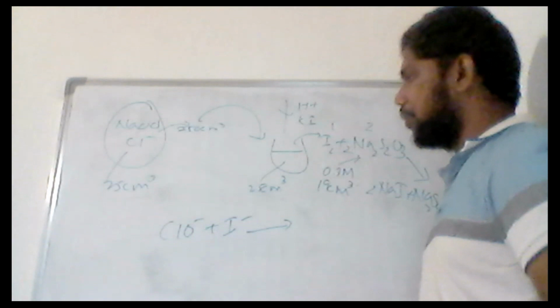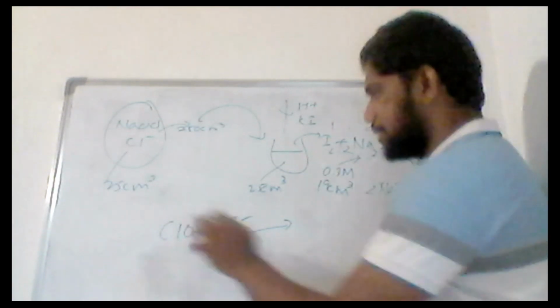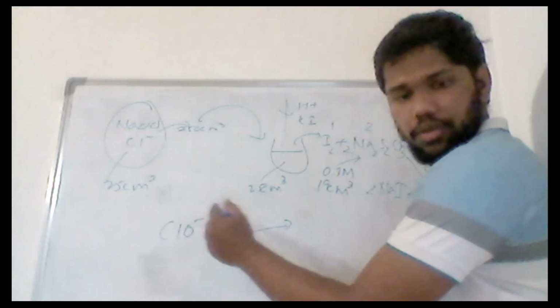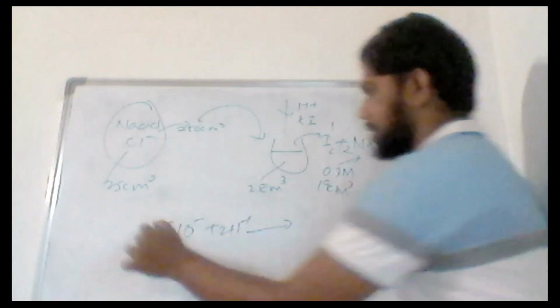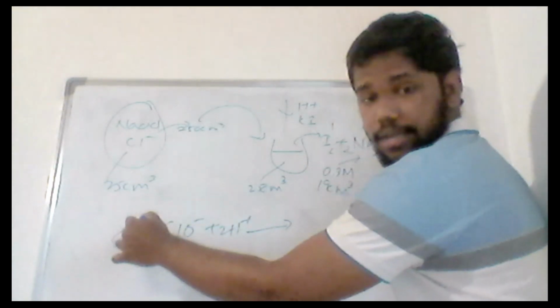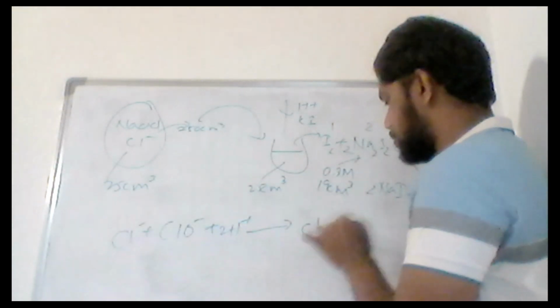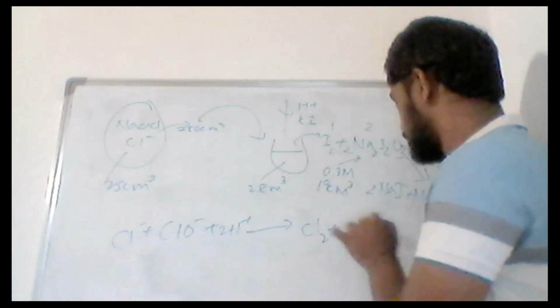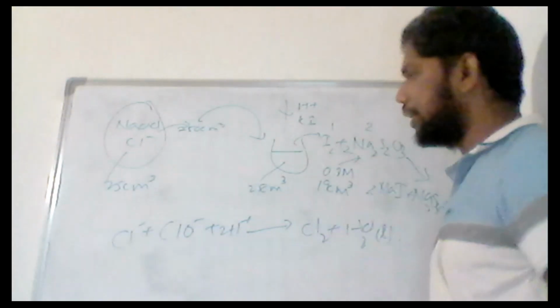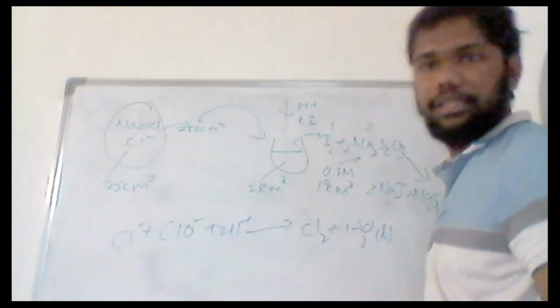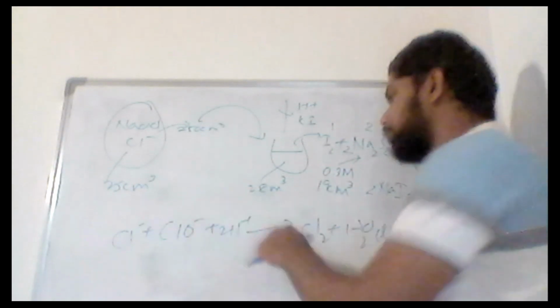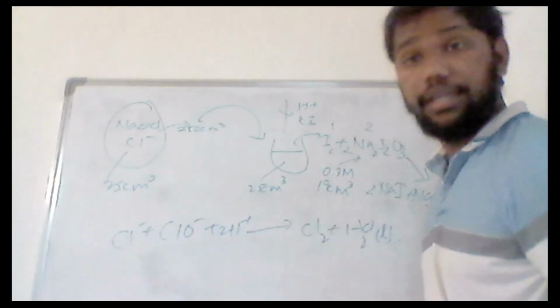One of the reactions they have given is ClO minus with 2H plus and Cl minus, forming Cl2 and H2O. This reaction is given in the description. That is why I told you to use this one, because it is already given.